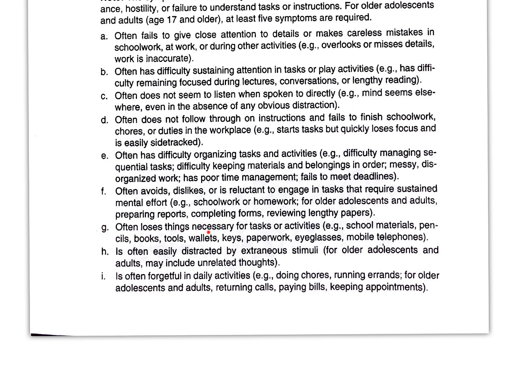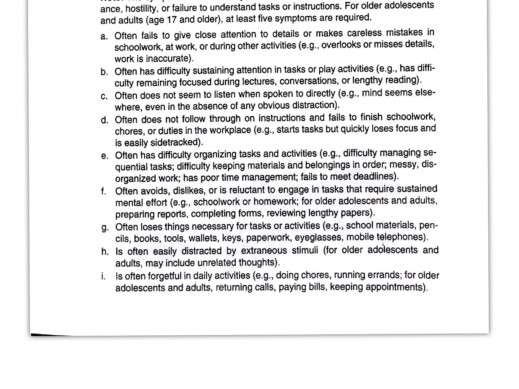G, often loses things necessary for tasks or activities, school materials, pencils, books, tools, and so forth. H is often easily distracted by extraneous stimuli. For older kids, it could be just unrelated thoughts that are projected. I is often forgetful in daily activities, forgets to do chores, run errands. Older adolescents and adults, it could be returning calls, paying bills, keeping appointments.